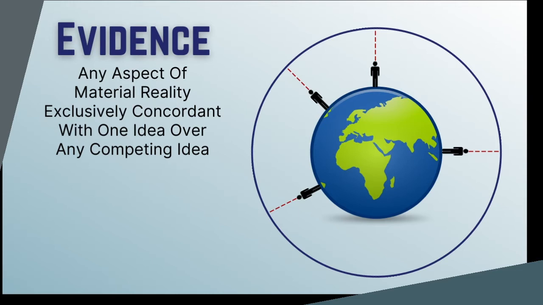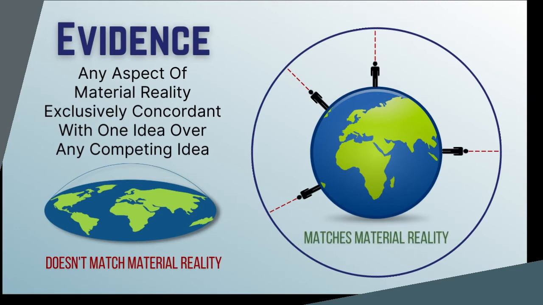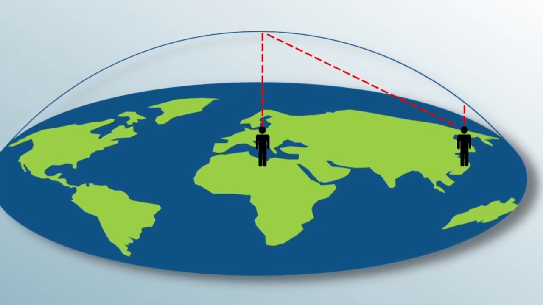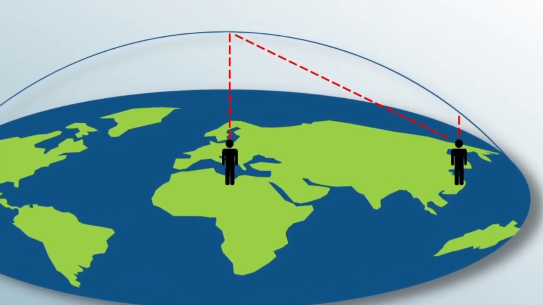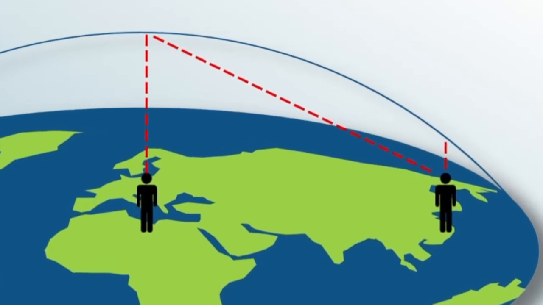This fact is exclusively concordant with the idea that the earth is a spheroid. No competing idea regarding the shape of the earth matches this fact of material reality, and thus this fact is evidence for the idea of a spheroid earth. If the earth were flat, for example, the closer one would get to the edge of the earth, the further away the center of the sky dome would appear.